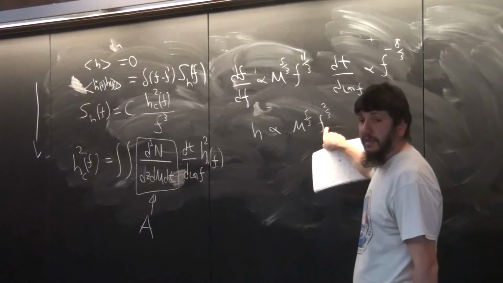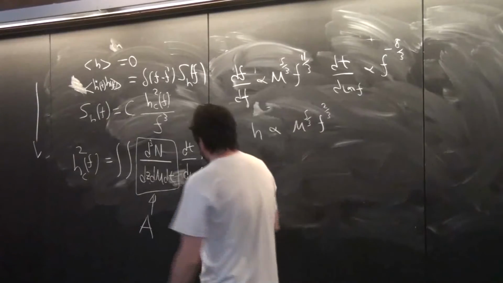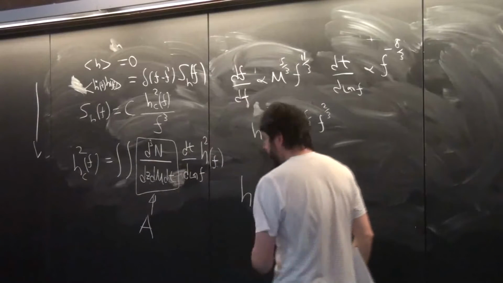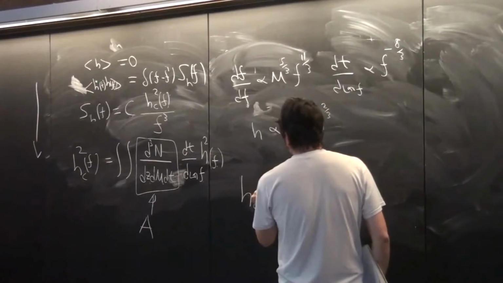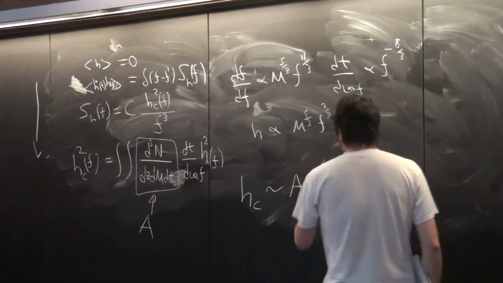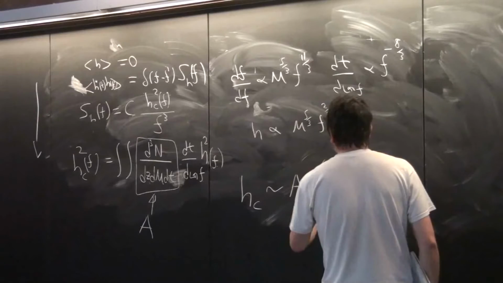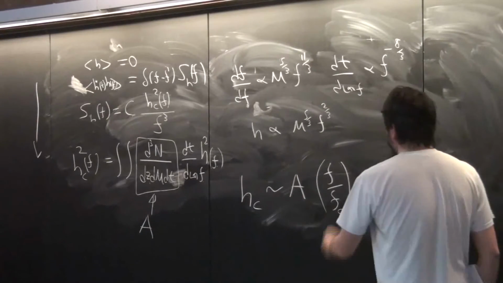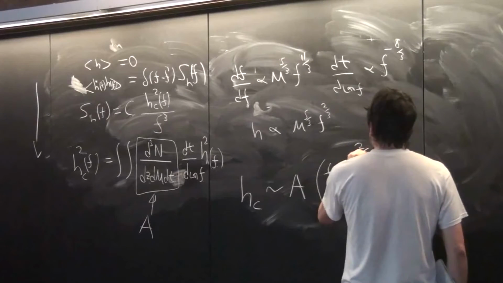So this is f to the minus 4/3. This is h squared. So h_c is some amplitude, at some reference frequency at which I measure this amplitude, times f to the minus 2/3.